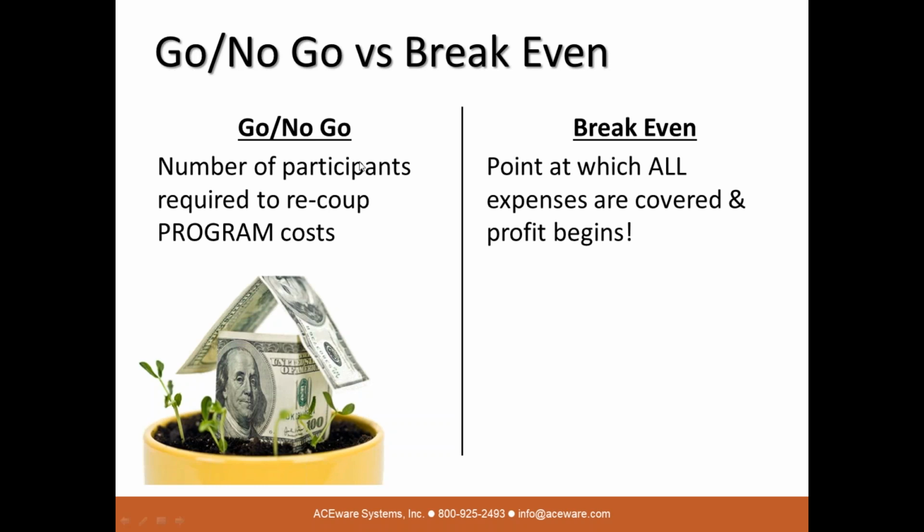So any registration past the go, no go number begins to apply to your total expenses, so that you're starting to pay back those sunk expenses. And then, of course, the break-even point is when all expenses are covered, and the student after that break-even point is where you actually generate additional revenue.